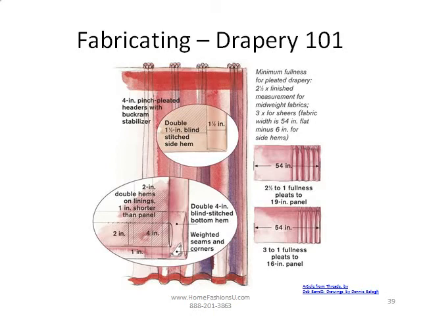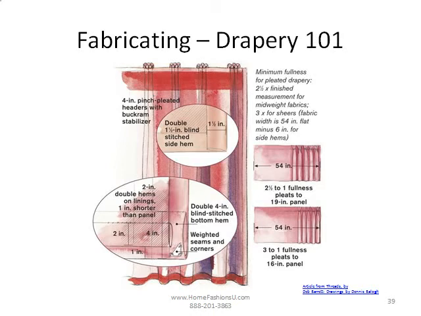So if we have a 54-inch piece of medium weight fabric, we are going to have a 2.5 to 1 fullness, and that 54 inches will pleat down to a 19-inch panel. That same 54 inches will pleat down to a 16-inch panel if we are working with a 3 times fullness.